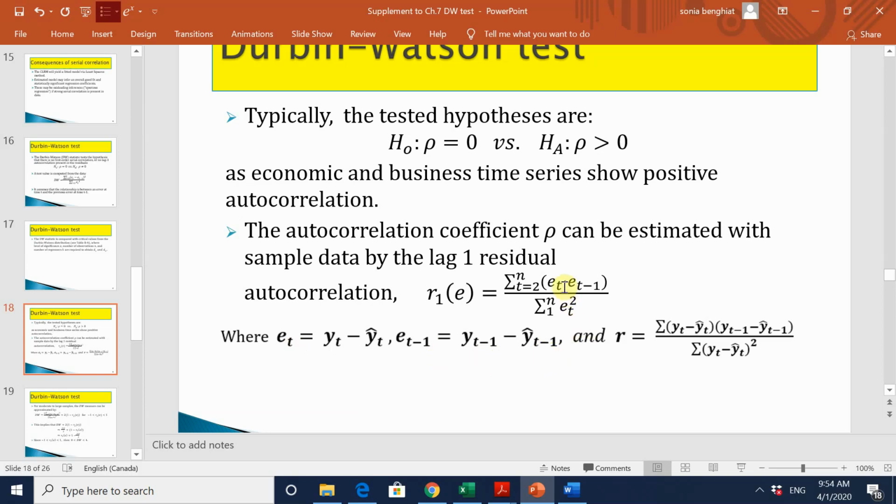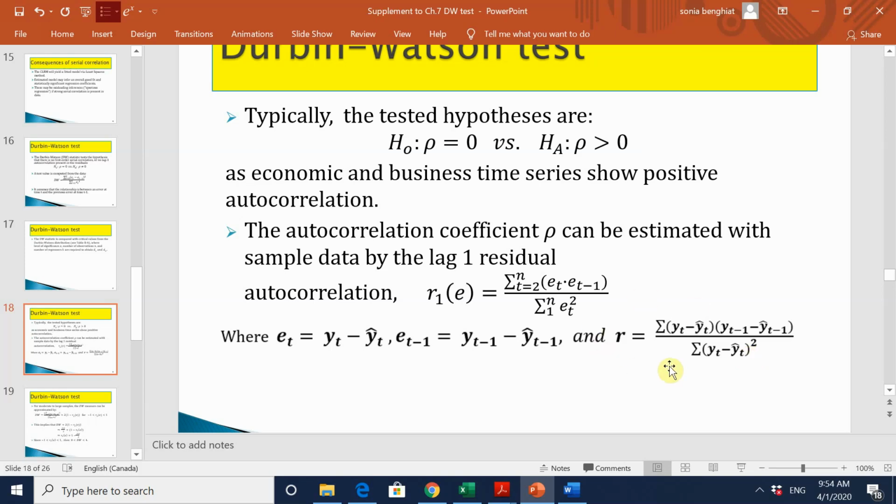And in the denominator, we are looking at the sample variance of the error terms, or residuals; that is, the variance of the observed y values relative to their predicted values.